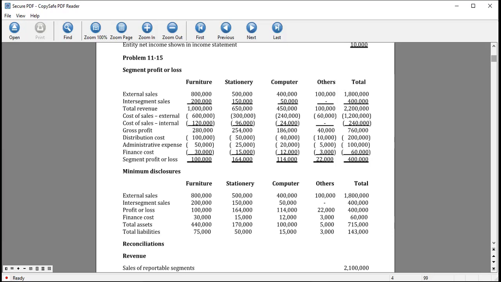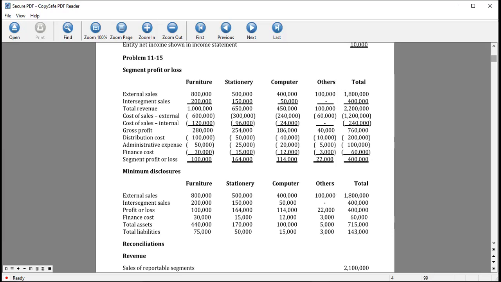And then we have the cost of sales. Okay, gross profit. Then we have the distribution cost, administrative expense, and finance cost, segment profit or loss. That's the item computed in number one, profit or loss for all the operating segments.